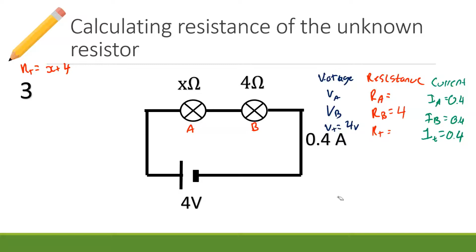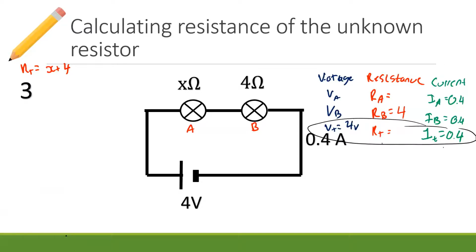The first path is this, okay? There's a couple of techniques that you could do if you wanted to solve this. Notice how we know the total voltage and the total current.